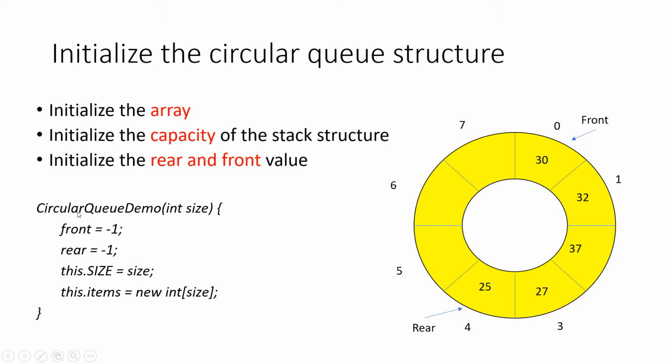So you see there are 3 parts of this construction. One is we have to initialize the front and the rear index. Second, we have to initialize the capacity of this circular queue, and the third one is we have to initialize the array also.